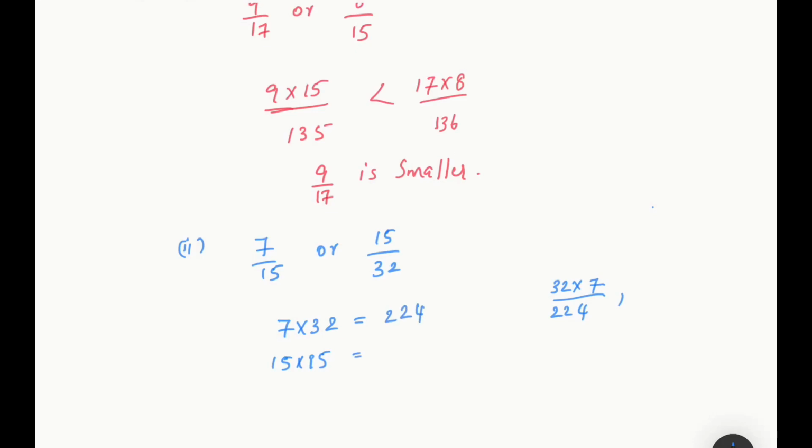So we get 224. 15 into 15 is 225. So the first one is smaller, you can write 7 by 15 is smaller.